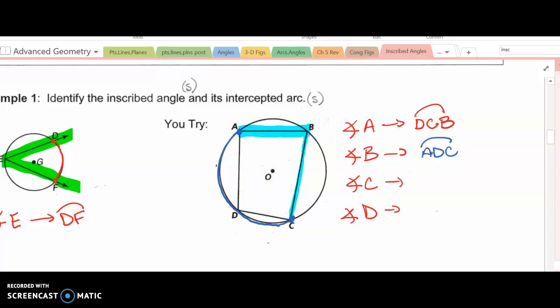You could also name this C D A. You could have named the first one B C D. Okay, so if you will now pause the video and try the last 2 on your own. Okay, for angle C, you should have had arc DAB or arc BAD, either way. And then for the last one, angle D, it should be A B C, or the other way around, that's fine as well, C B A.